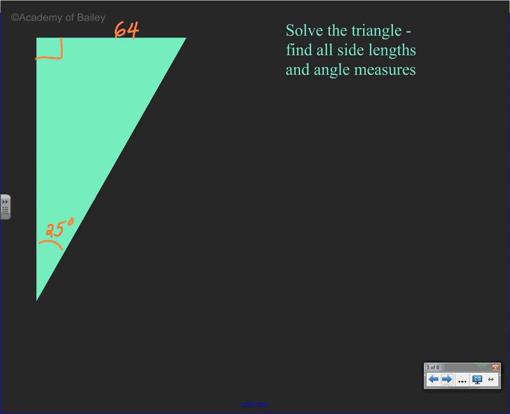The next one we have, if you look here, you have a fairly large triangle. So let's go ahead and get started. Step number 1 says label the hypotenuse, which is across from the right angle. Step number 2 says determine which angle you're going to be using, which is 25 degrees down here.